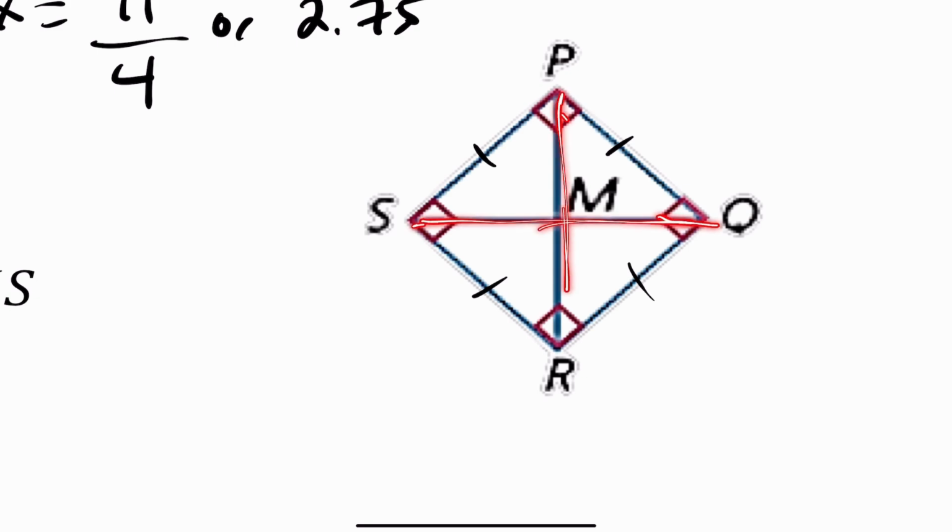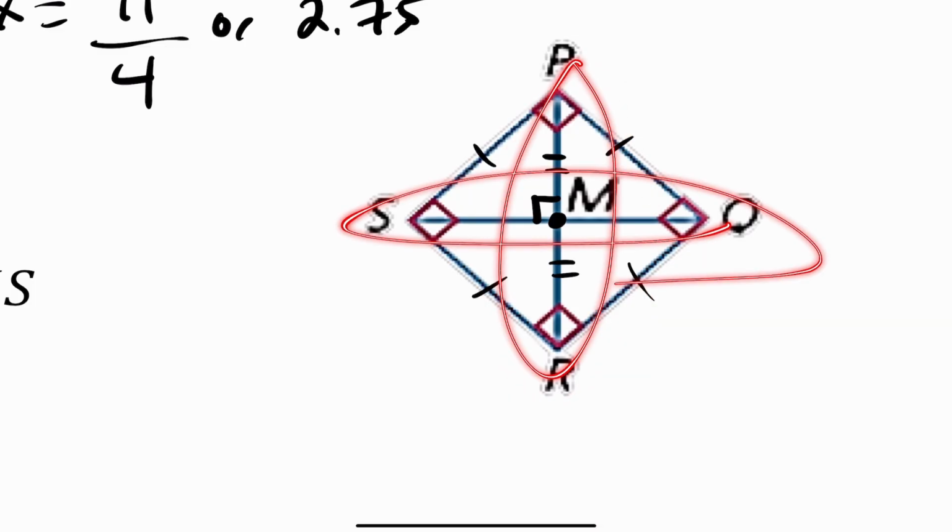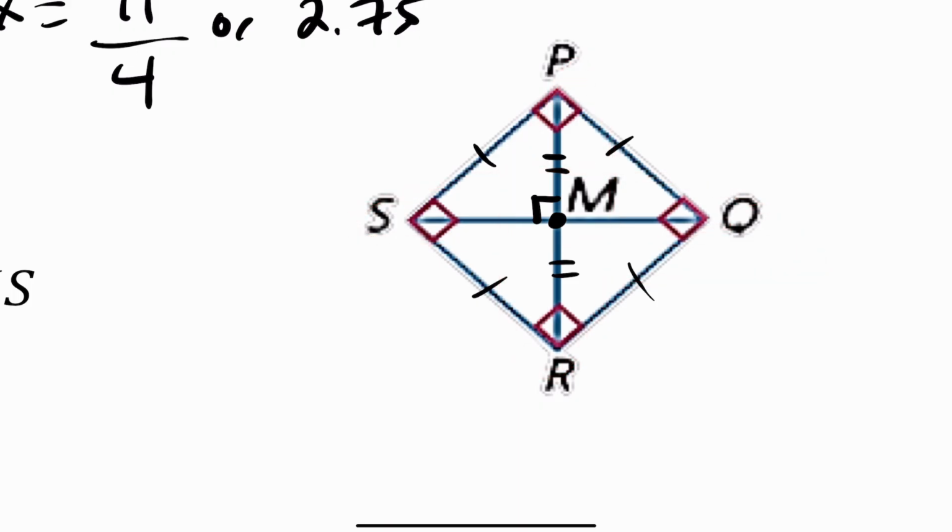The diagonals are perpendicular, and they create a midpoint, and it's going to split PR into two congruent parts. And since the diagonals of a square are the same, if I'm looking at the midpoint of SQ, we don't put 3 tick marks here and there, we actually just put 2.